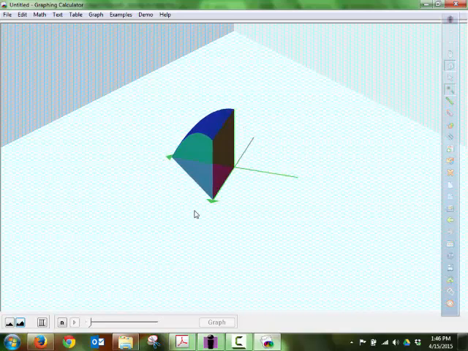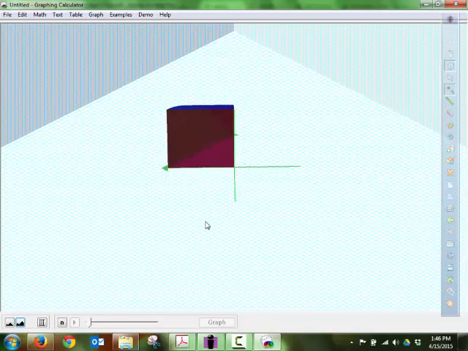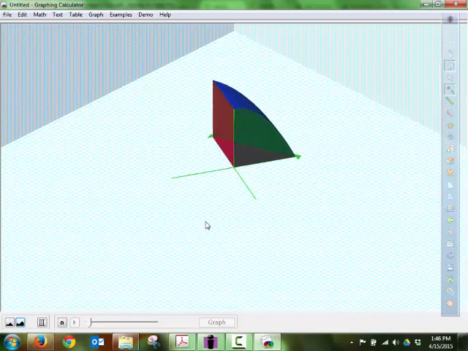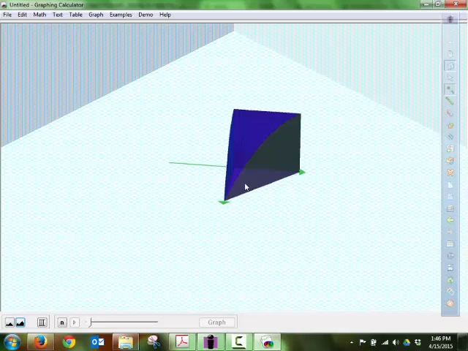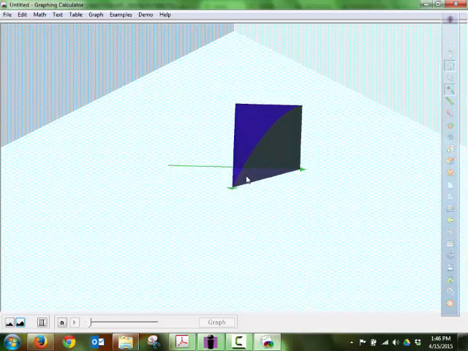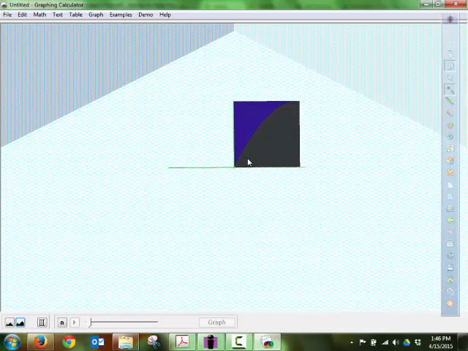So, if we look at it directly from the x-axis, so we're looking at the YZ, this is the picture that we get, which is a curve. There's a curve here, right?